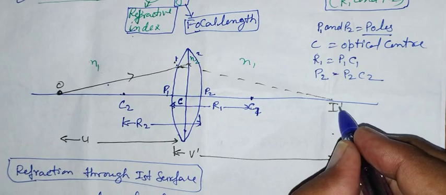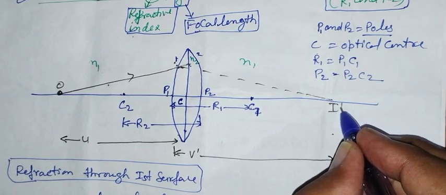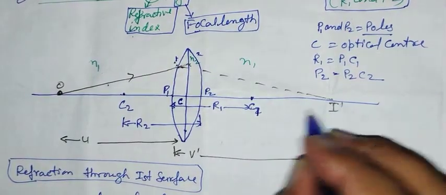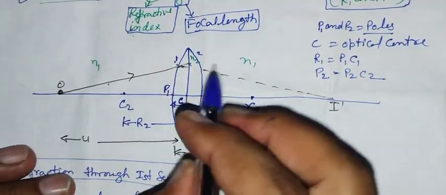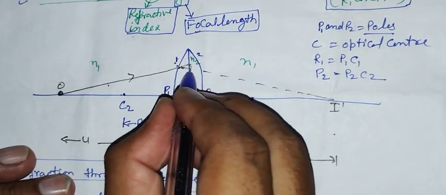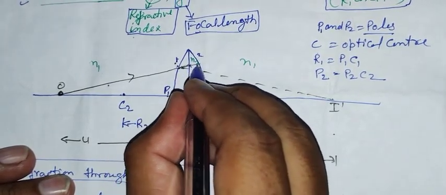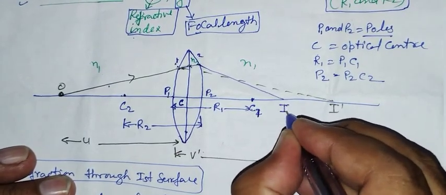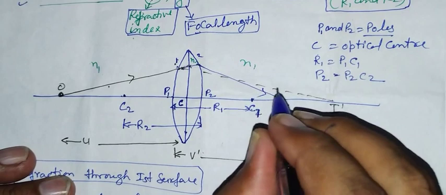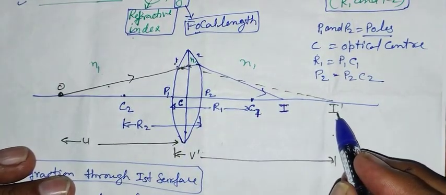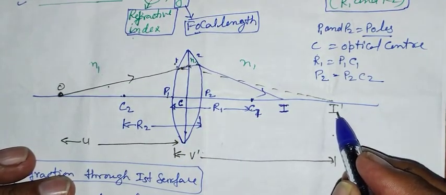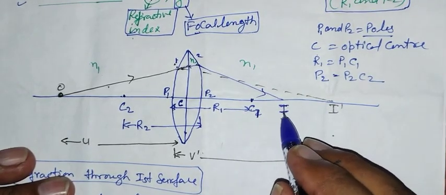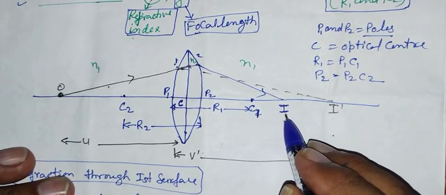So the image formed by the first surface is playing as the object for the second surface, and the final image is formed here. The image formed by the first surface acts like the object for the second surface, and the final image is formed at I.